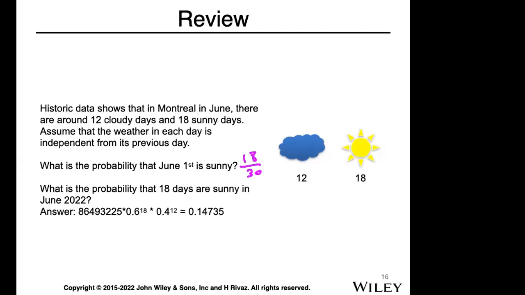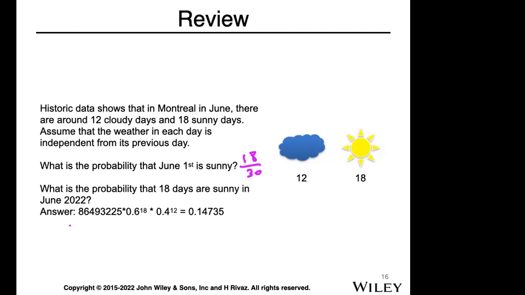And then in the second part, the question is, what's the probability that 18 days are sunny in June of this year, right? I guess this was a midterm exam in 2017. So what distribution should we use? Exactly, binomial.